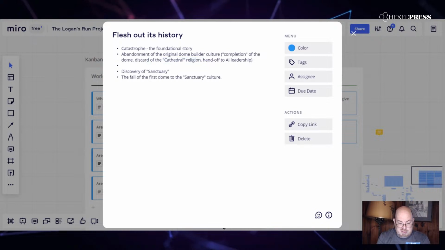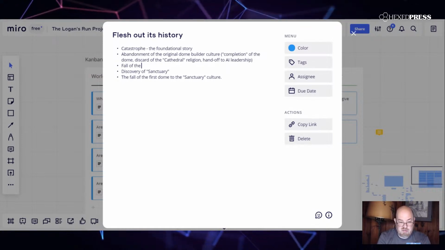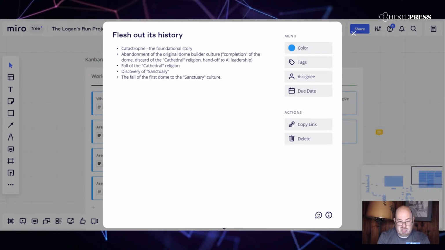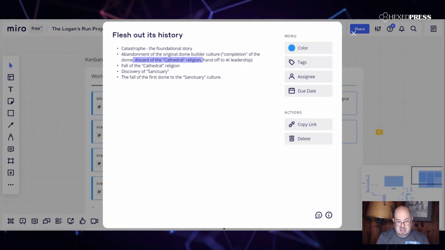All right. We already have abandonment. Oh, it doesn't matter. I was going to say we shouldn't use the same words over and over, but who cares? This is just for us. Fall of the cathedral religion. And actually, I'm going to put the handoff to the AI also as separate.